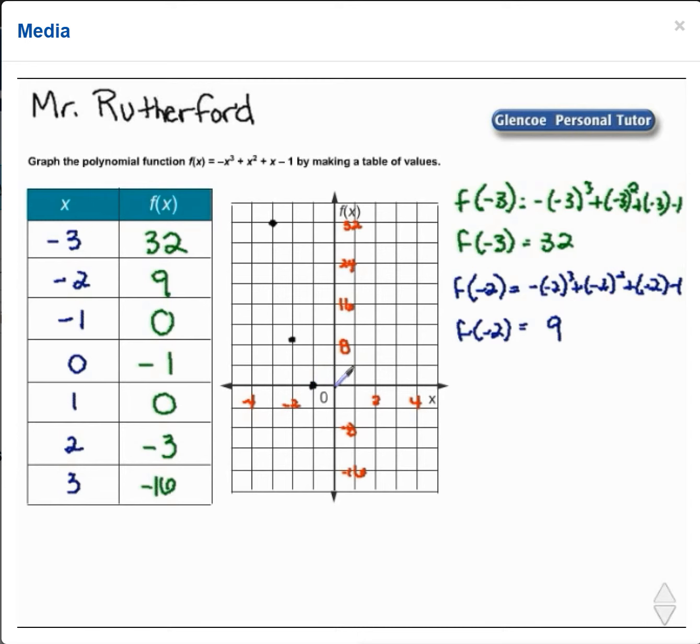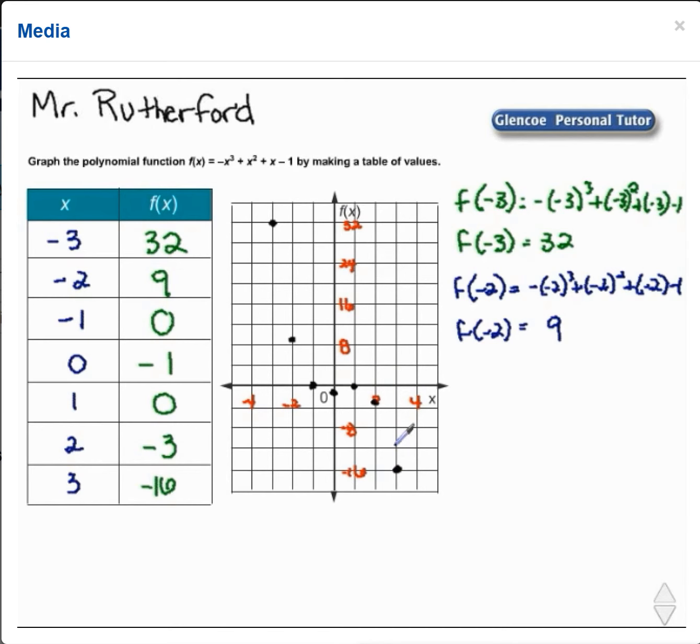Then 0, negative 1. Remember our increments here are 4. Negative 1 is much closer to 0 than it is negative 4. Then we have 1, 0. 2, negative 3. Negative 3 is very close to negative 4. And then finally we have 3, negative 16.